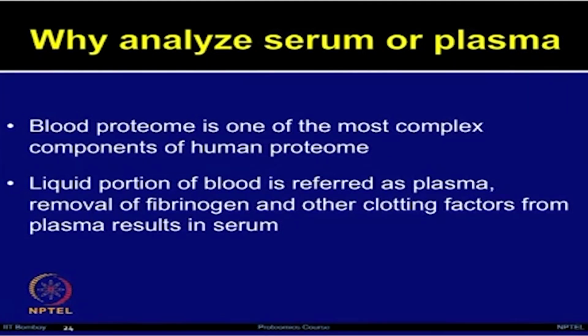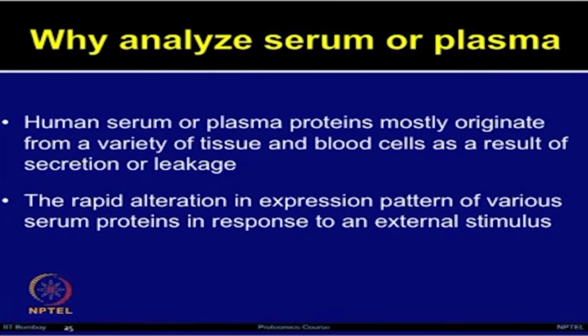The liquid portion of the blood is referred to as plasma, and removal of fibrinogen as well as other clotting factors from the plasma results in serum. Human serum or plasma proteins mostly originate from a variety of tissue and blood cells as a result of secretion or leakage from the neighboring tissue or the blood cells.